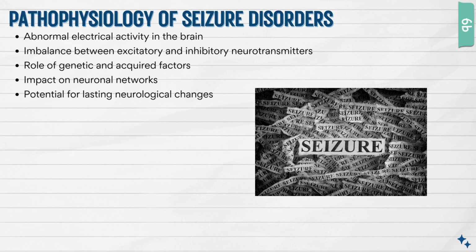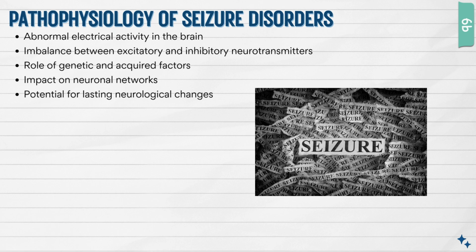So both genetic and acquired factors play a role in seizures. Some patients have genetic predispositions that affect ion channels or the neurotransmitter receptors within their brain. Some of the acquired factors that patients may have include brain injuries, tumors, infections, or metabolic imbalances. So these seizures can alter neuronal networks over time, potentially leading to more frequent or severe seizures.